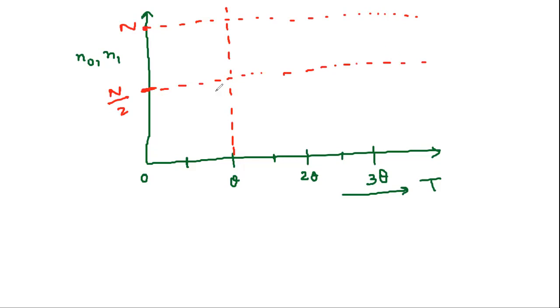So it is not horizontal. Let me clear it. Let me write it neatly. Right? Now let me draw the curves pertaining to N0 and N1 in another color.